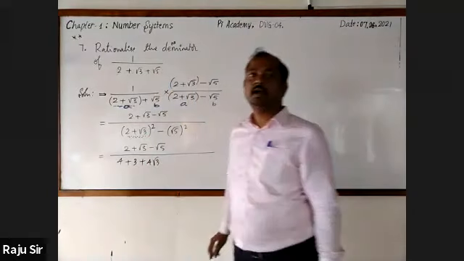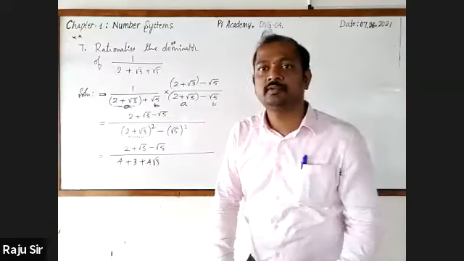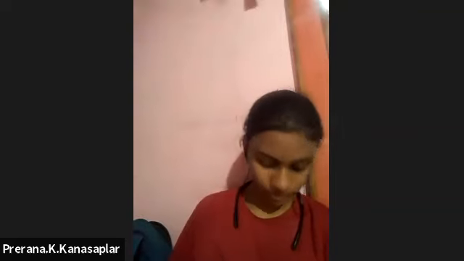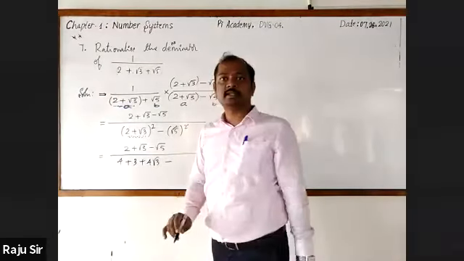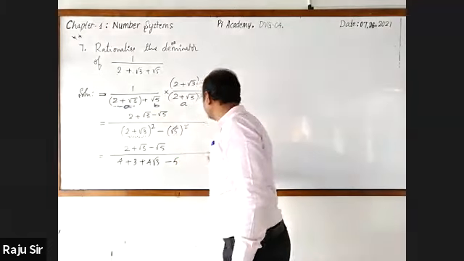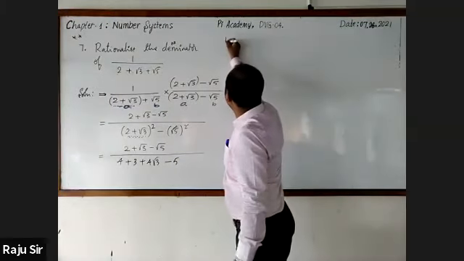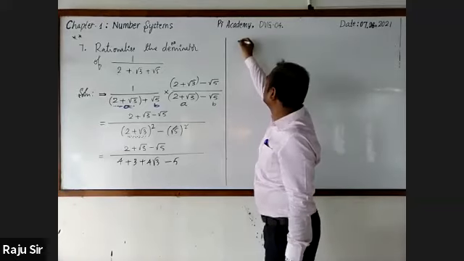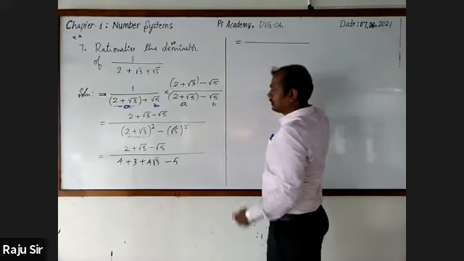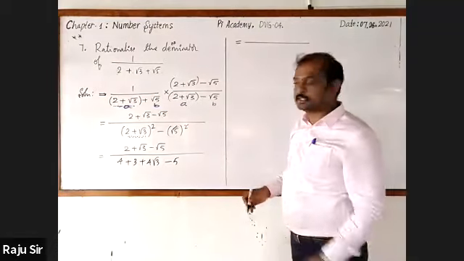4 root 3. Understood? Did you understand? Yes, sir. Next. Minus root 5 whole square. Square and root get cancelled. This is 5. Next. Write numerator as it is.